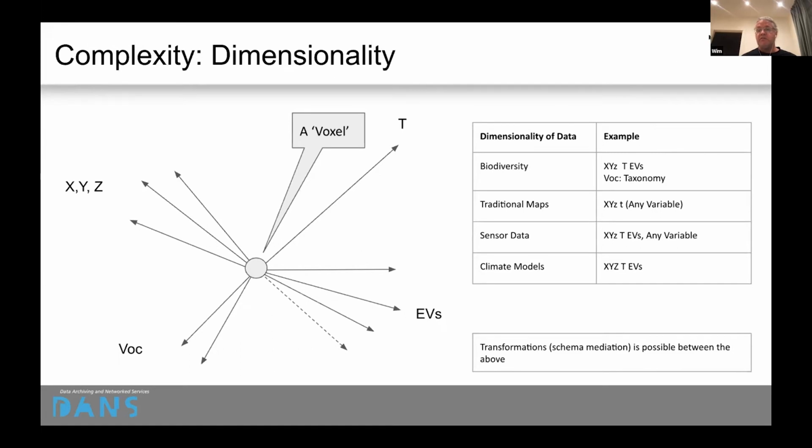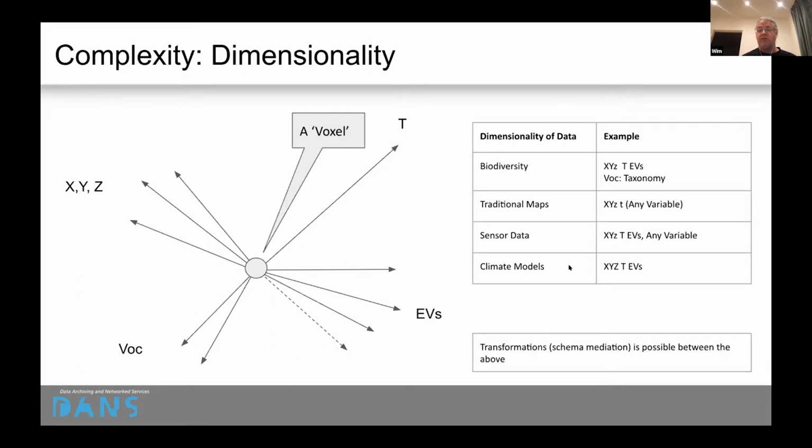Sensor data is a little bit better defined in terms of the variables that they cover. They are mostly sparse in space, so there's only a few dots and spots on the globe where these sensors are deployed, but they are near continuous or almost continuous in time. And that makes it slightly different, for argument's sake, from traditional maps.